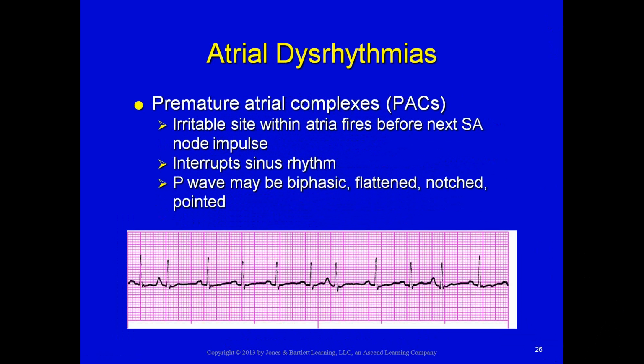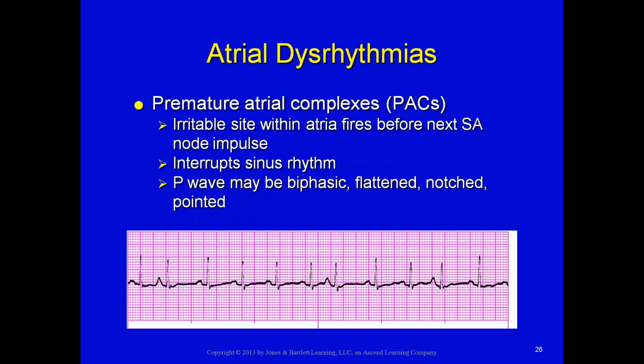Atrial, it originates in the atrium, so there will be a P wave, but it may not look like the rest of them. And it's got a QRS complex with it. And when we see PACs, that tells us there's an irritable site within the atria that fires before the next SA node impulse can get out.